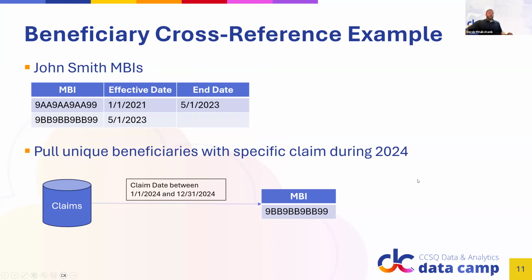So let's say we want to know, for the year of 2024, maybe there's a specific type of claim we're looking for, and we want all of the unique beneficiaries that had this specific type of claim.